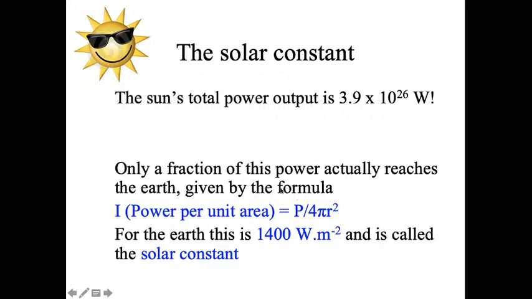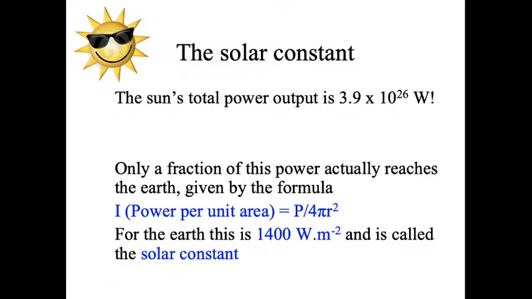And we can get that formula from our intensity, which we looked at in topic 4. So the power per unit area is equal to the total power divided by 4 pi r squared, the area of that sphere that is the Earth, essentially.